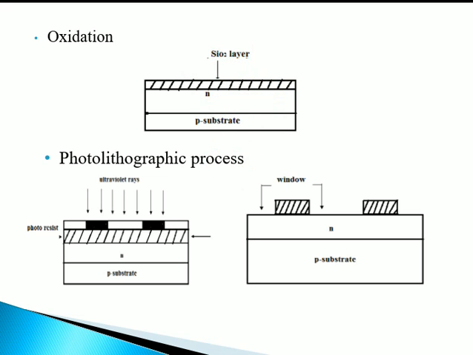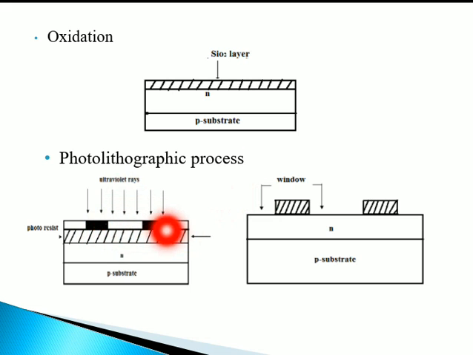Next is the photolithographic process. This process involves selective etching of the SiO2 layer with the help of a photographic mask, photoresist and etching solution. What happens is, your UV light will be made to fall on this SiO2 layer.